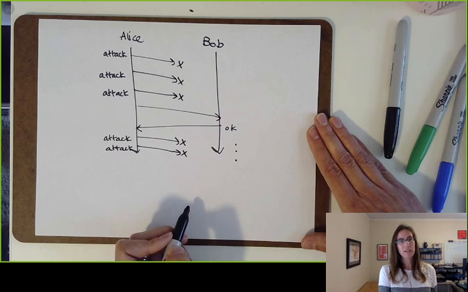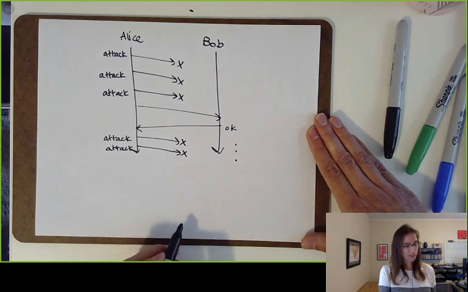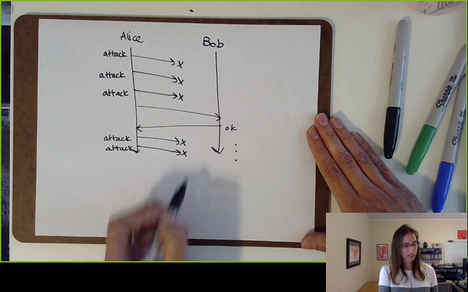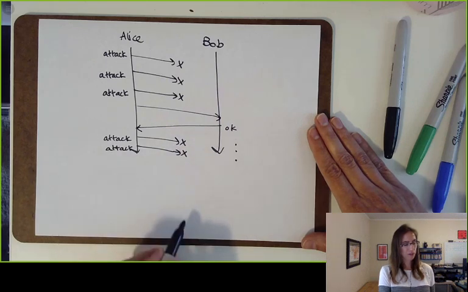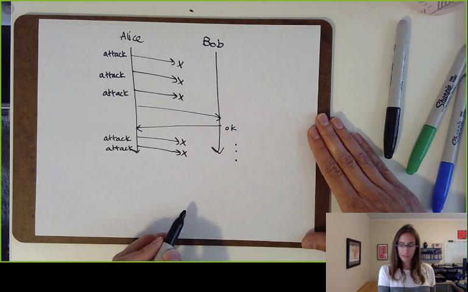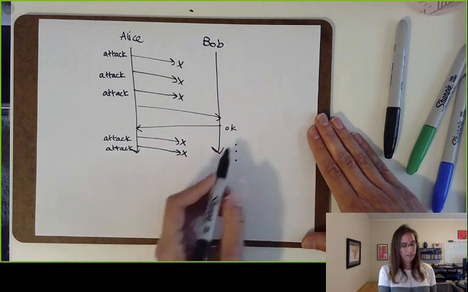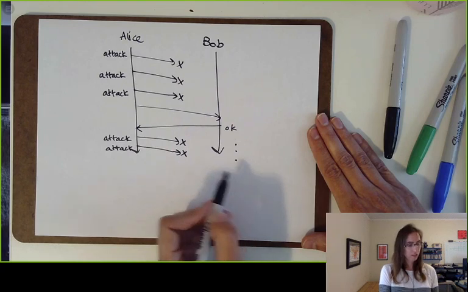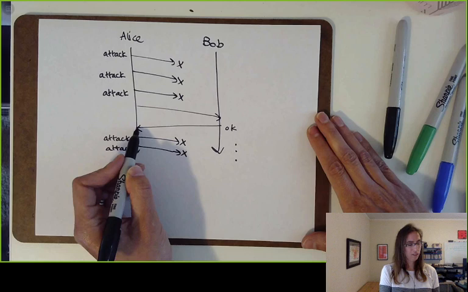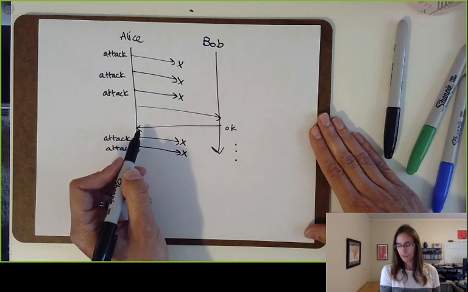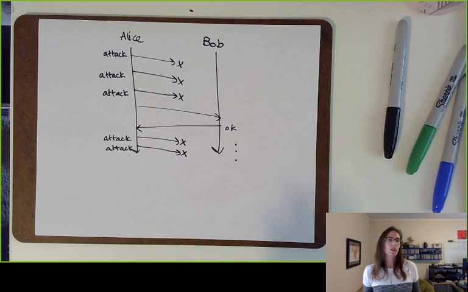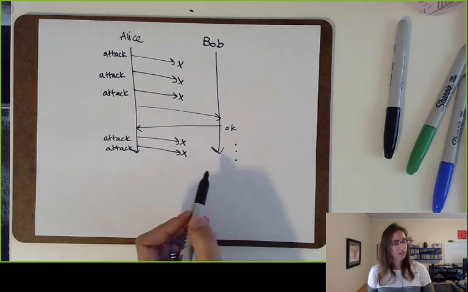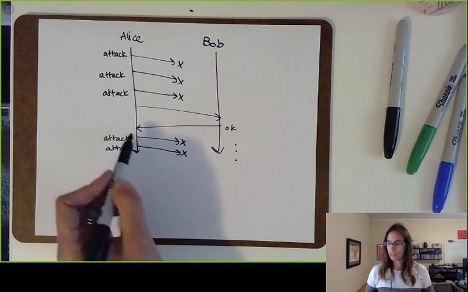So if the probability of all the messages getting lost gets lower and lower as you send more, then after a while, Bob can be reasonably sure that if he's not getting messages, she actually did get this and stopped sending the messages. So it's not a perfect solution, but it's a solution that is good enough for practical implementations often. So Bob can be reasonably confident that Alice got the ACK, and then the attack could go forward.